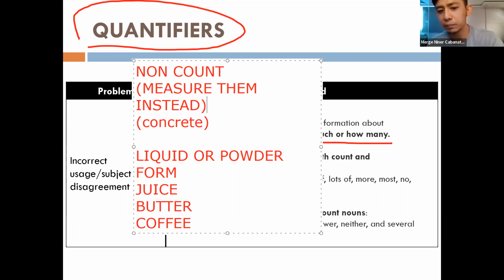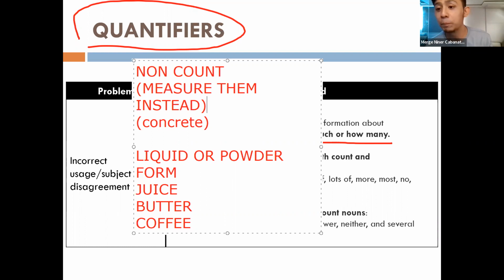Halimbawa, si Riza, bored ka sa bahay nyo, bilangin ko nga kung ilang pirasong asin meron kami. O si Mai, tulog na yung mga anak ni Mai, bilangin ko nga kung ilang piraso ng kape. So kung bored kayo, pwede naman. But we do not count them in the language use, we measure them instead.